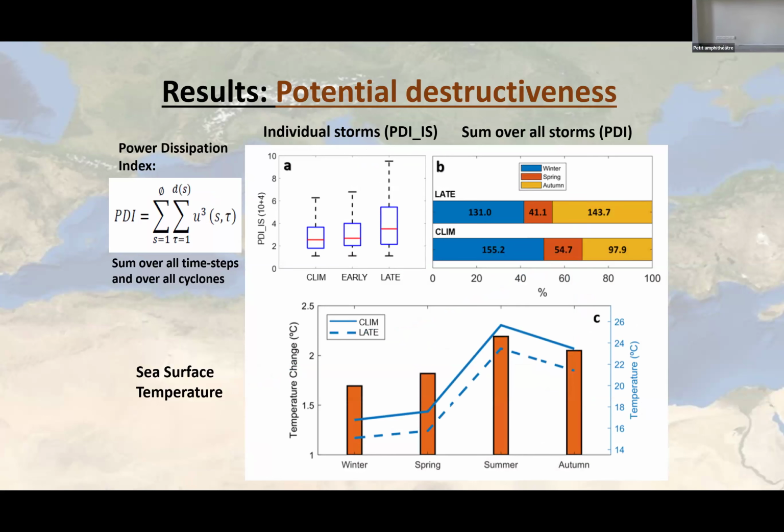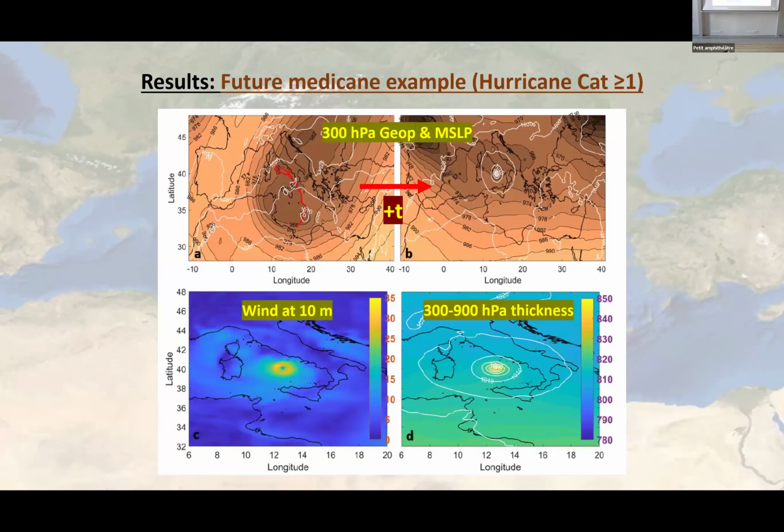This is another point, because Medicanes were thought to mainly develop in winter, but these results were saying that the activity will increase in autumn months. We also analyzed a future case in the model, and the model is able to develop a hurricane-like structure, in this case like a category 2 hurricane.